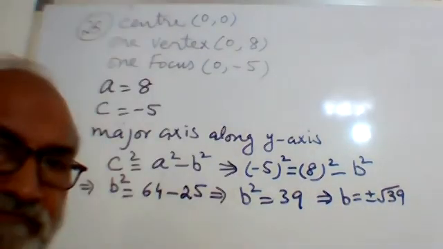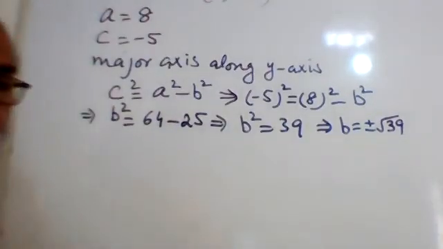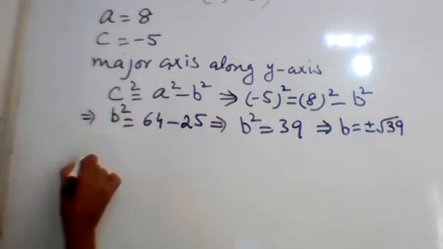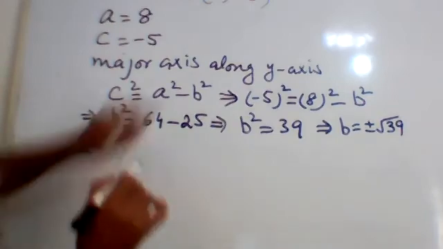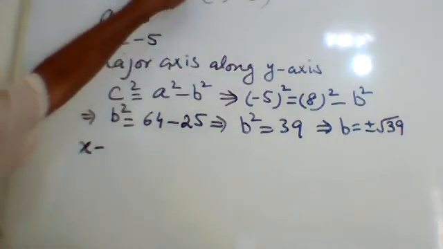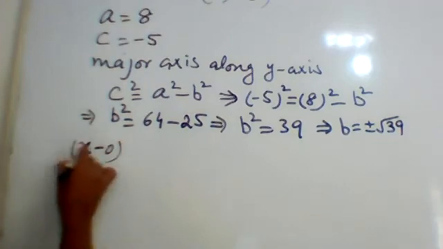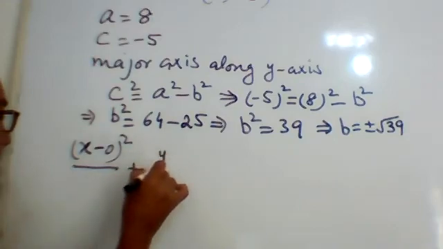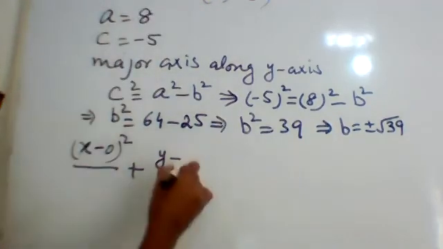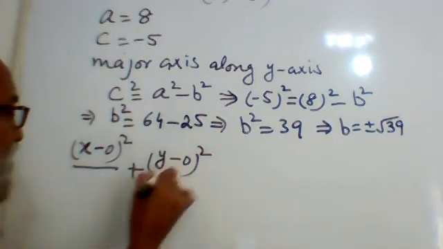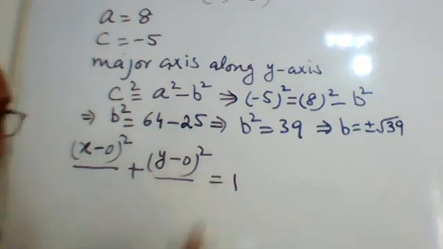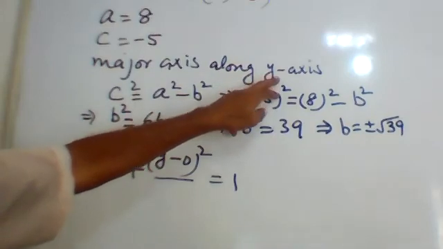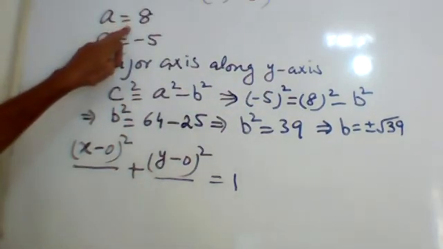Now we'll find the equation. X minus the x coordinate of the center, 0, whole square upon blank, plus y minus the y coordinate of the center, 0, whole square upon blank, equal to 1. Now the major axis is along the y axis, so A square will be written under y square.